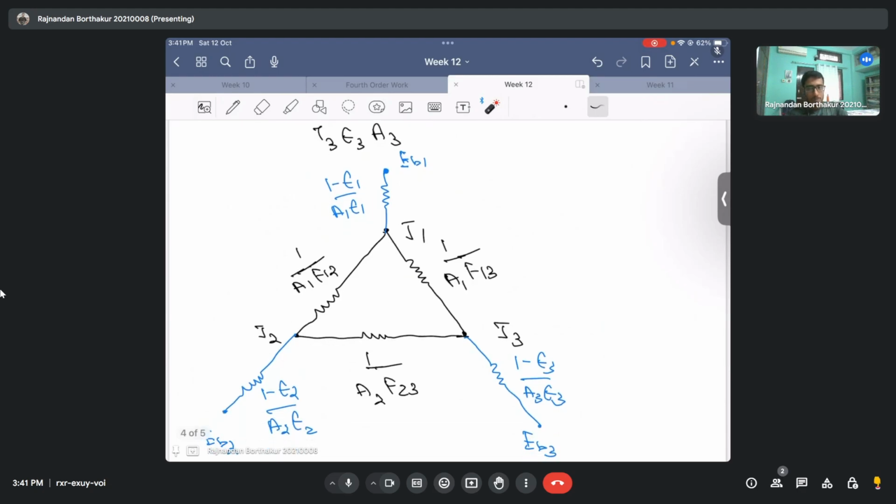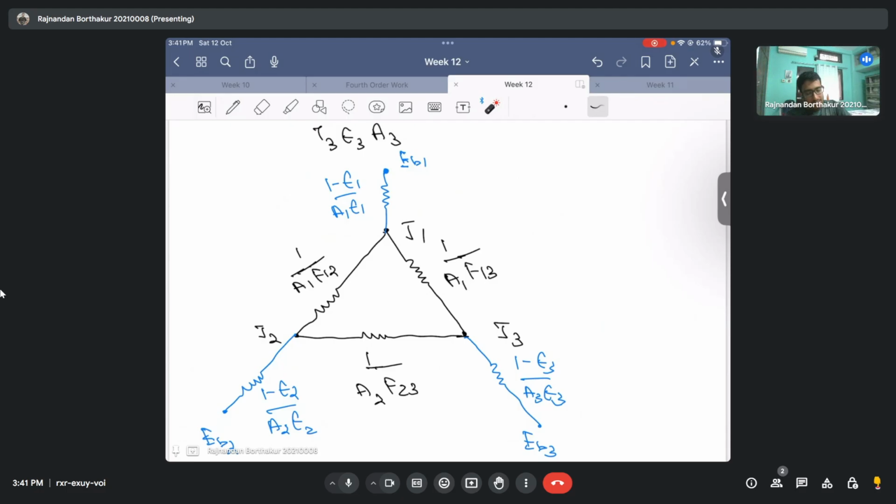Okay, I hope the pictorial representation of radiation resistances is clear. You have to start either from the radiosity node or from the emissive power node. If you start from the emissive power node, you a priori need to identify if it's a black body or a real surface.